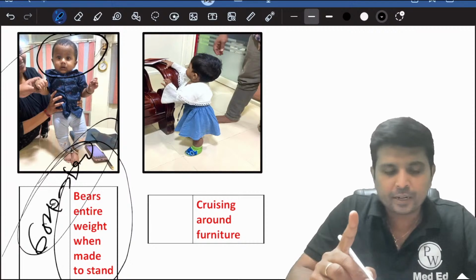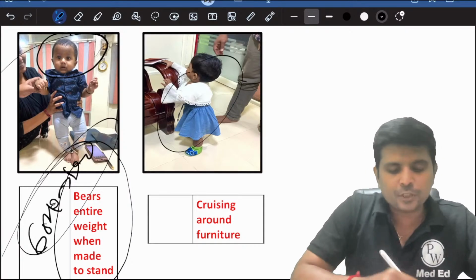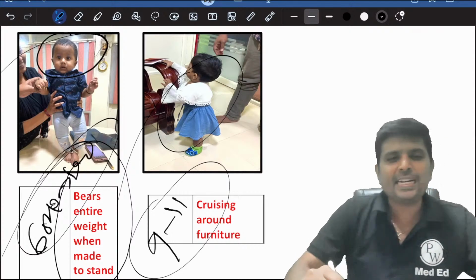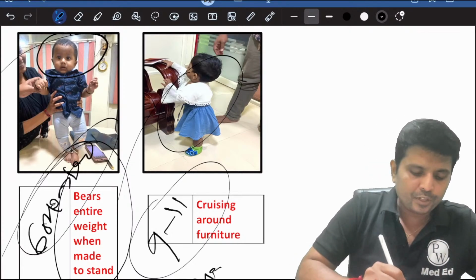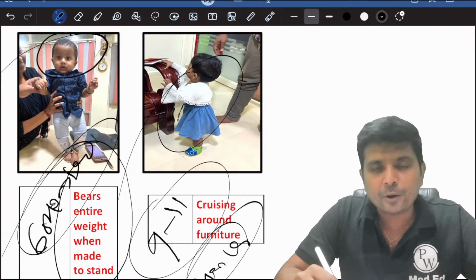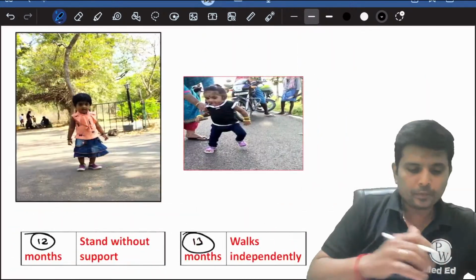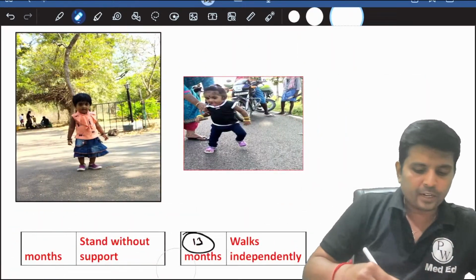Very, very important MCQ. And what is this? The child is cruising around the chair. Cruising around the chair usually occurs by about 9 to 11 months. Right? Then comes, what is this?